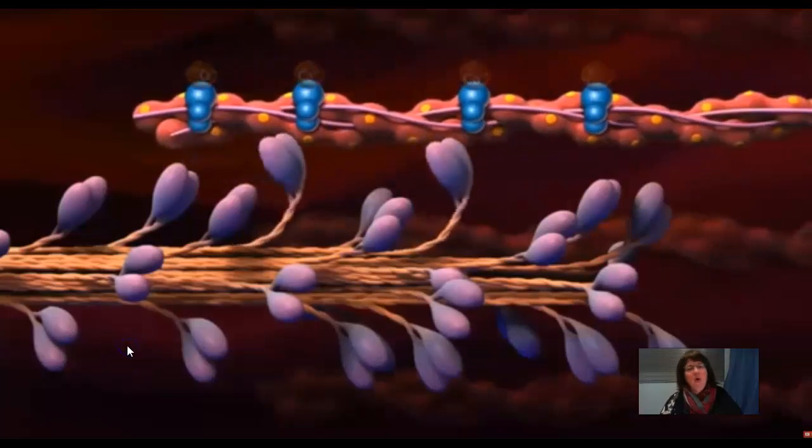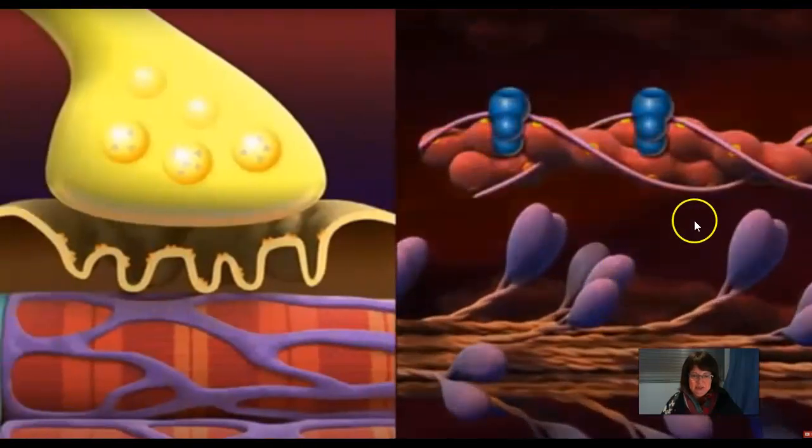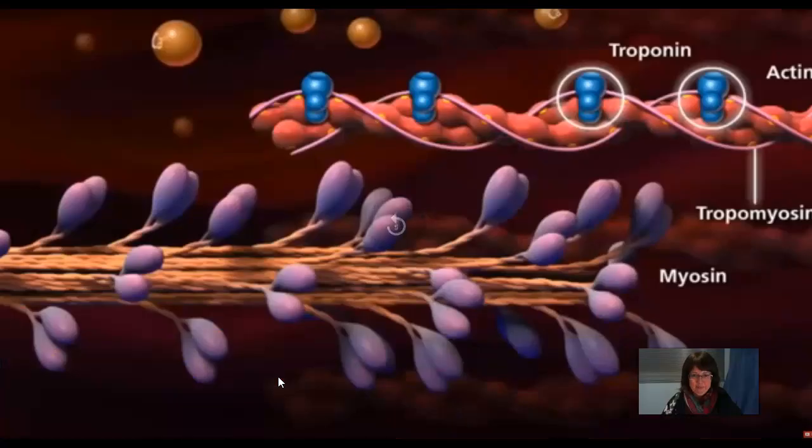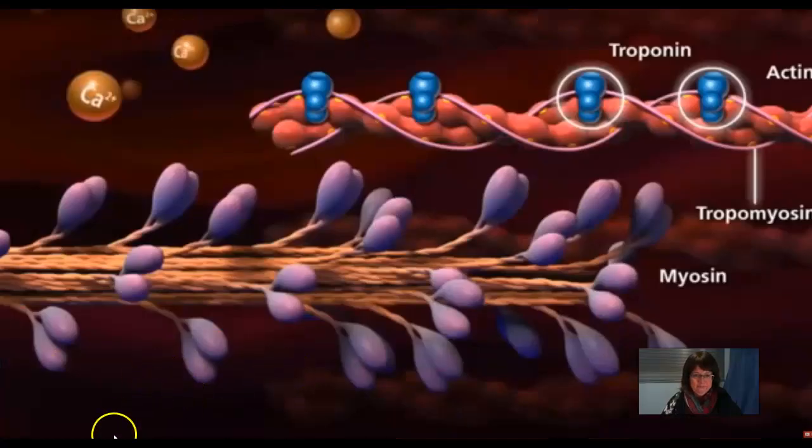Okay, so with the calcium attaching to the troponin and pulling the tropomyosin off of the binding site, the myosin head can bind to this. Just a second here.